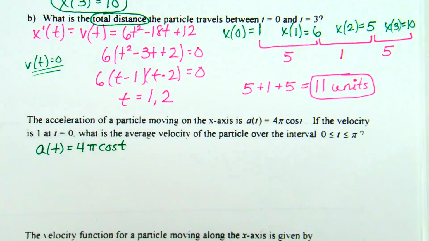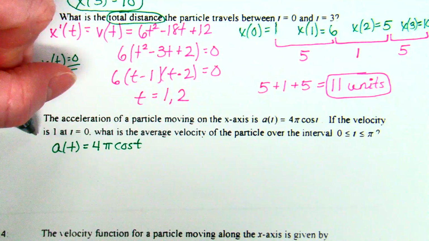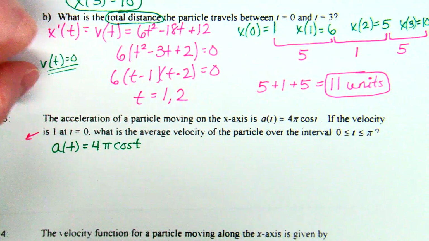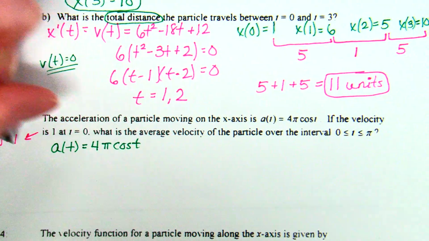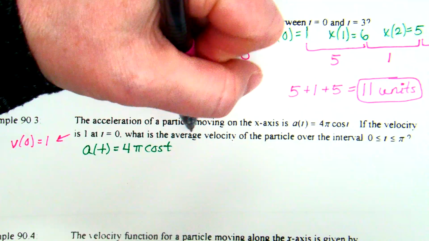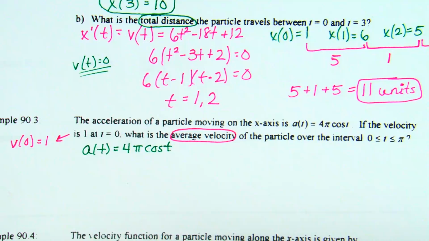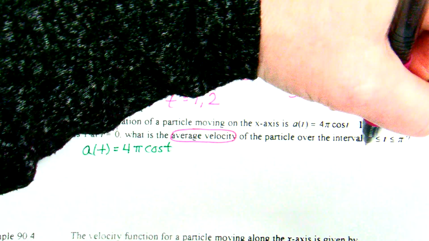The velocity is 1 at t equals 0. So that means v of 0 has to equal 1. So they gave me acceleration, they gave me that velocity. The question is the average velocity of the particle over the interval 0 to pi.